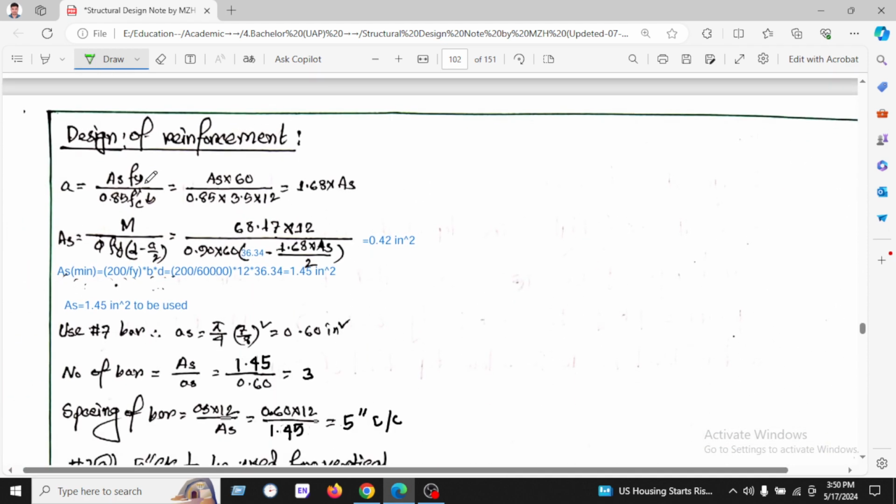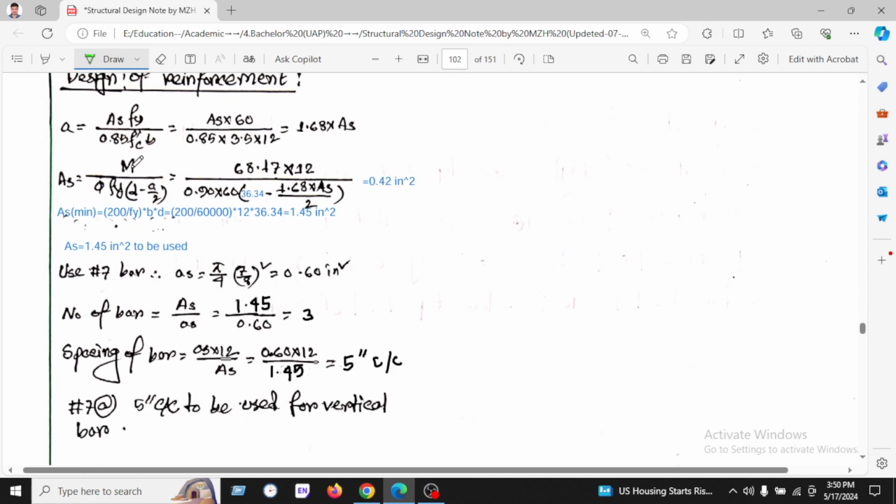find out the reinforcement. As we know, As equals to fy, f'c, and putting this below we found 1.64 As, and As equals M divided by phi fy (d minus a by 2), and putting the value we found 0.42 inches square.